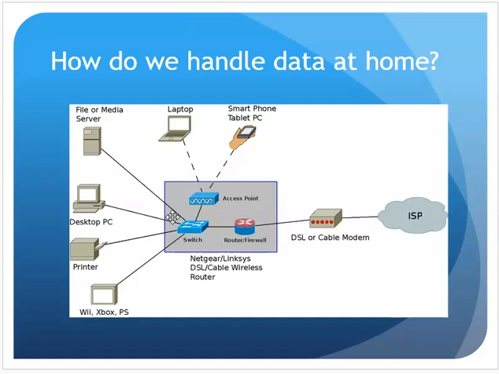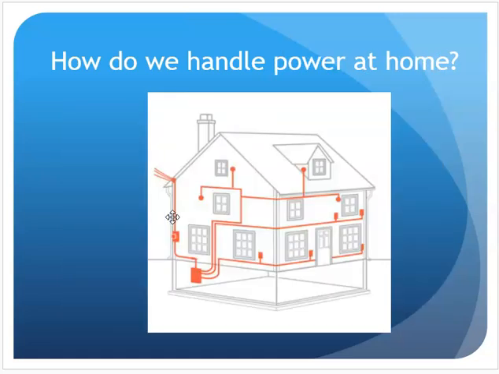So I handle it with basically just a couple patch cords. For the most part, the rest of the things around your house are probably wireless. For our home, that works because we usually only have a couple things we're plugging in anymore. Most things we do wirelessly. So that's how we handle data in our house, because we have just a handful of devices.